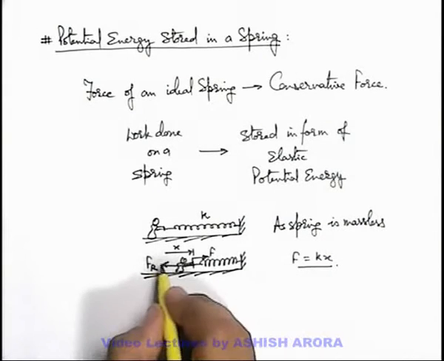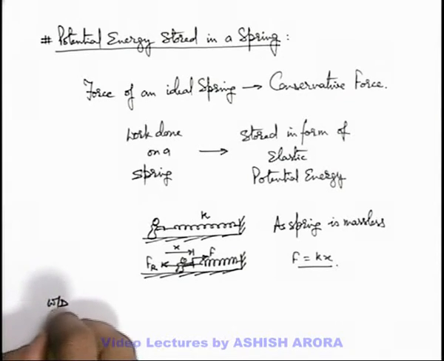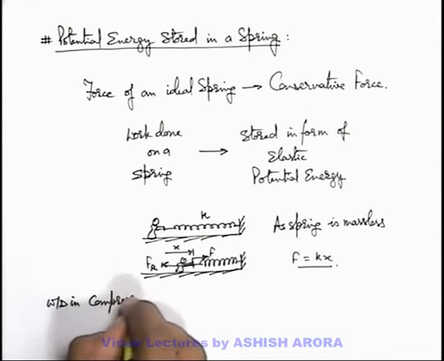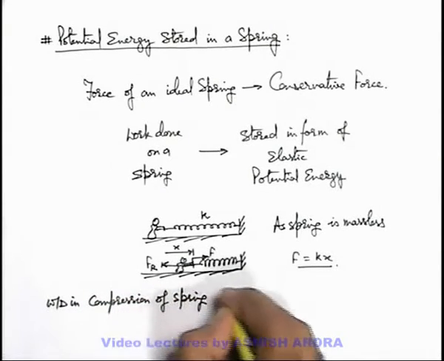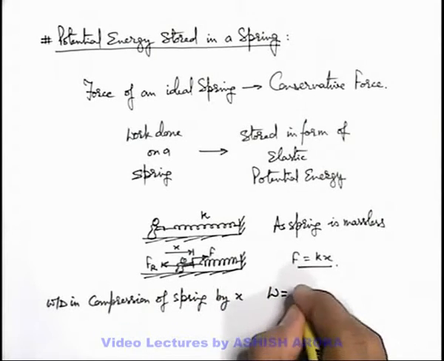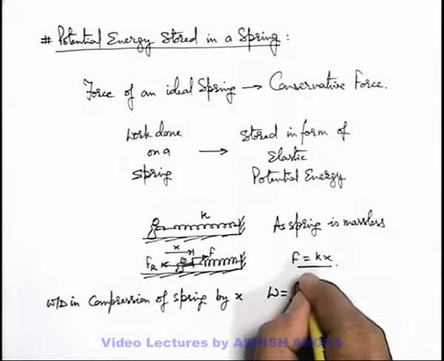So if we calculate the work done in compression of the spring by x, this work can be directly given as the integration of kx dx from 0 to x.